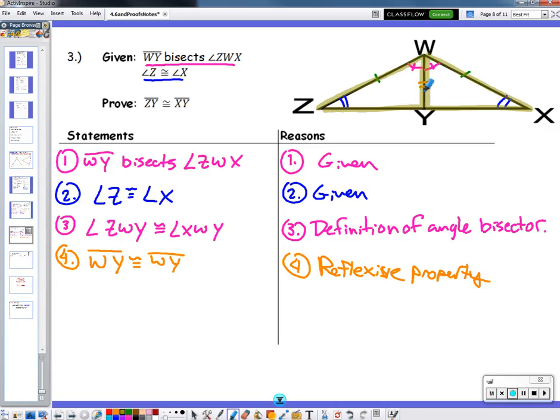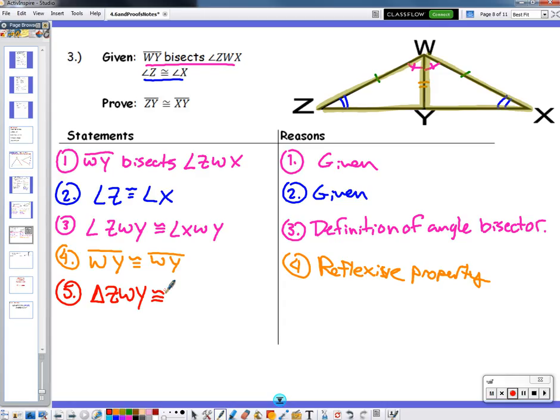So, before we move forward and state our reason, we also have to state our triangles congruent. Tristan, can you give me one of the triangles that I labeled there? Which one do you want to pick? Pick the order of the letters for me. ZWY. ZWY. And once I choose that order of letters, I have to follow that through my entire picture.